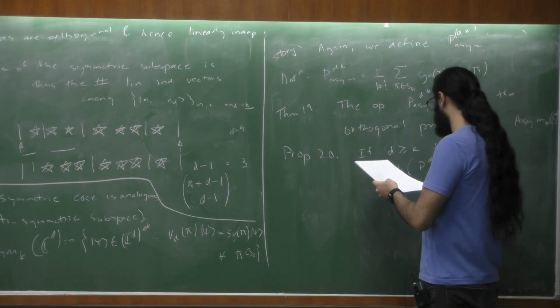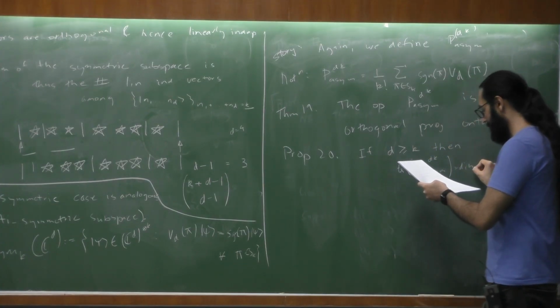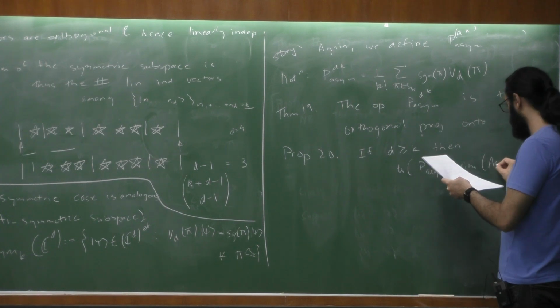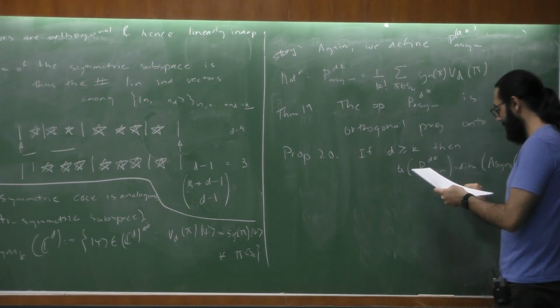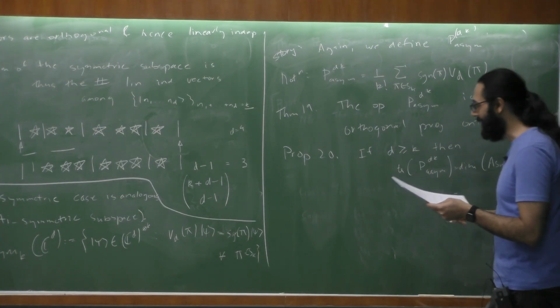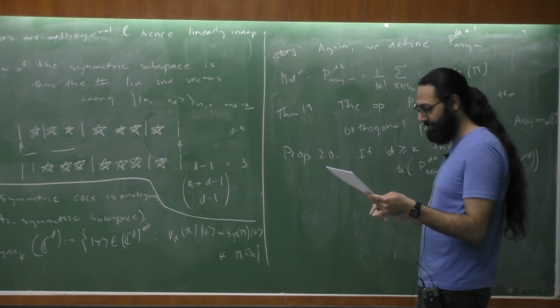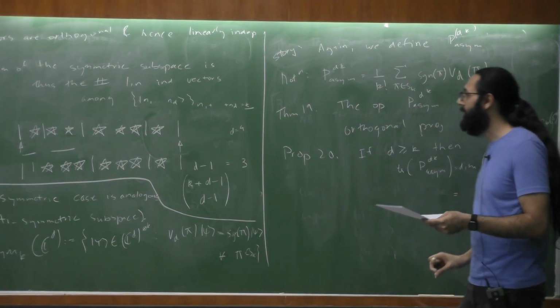Okay, so the dimension of antisymmetric K on C^D is going to be, any guesses? I would not be able to guess what the analogous expression of this should be.